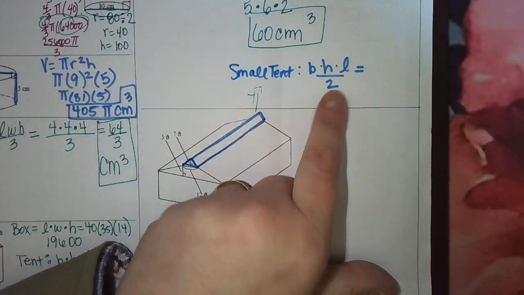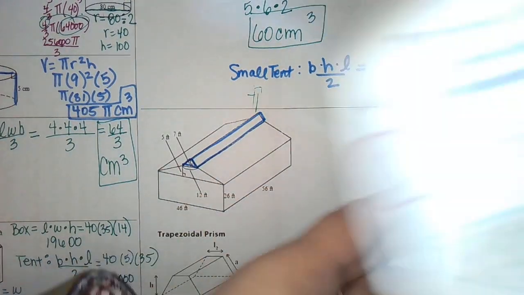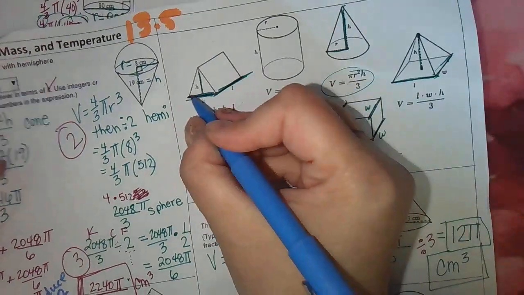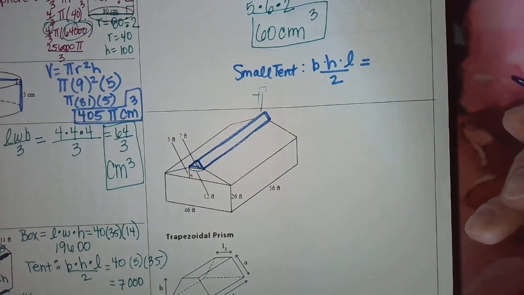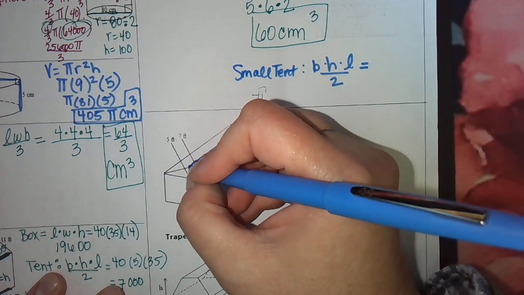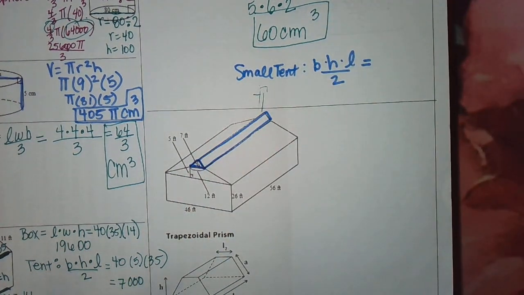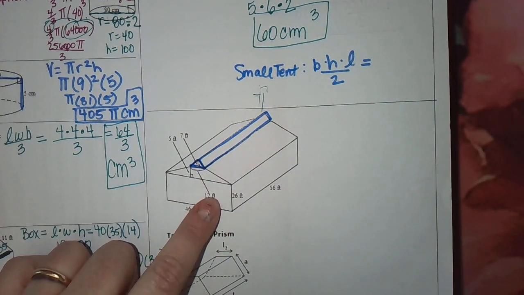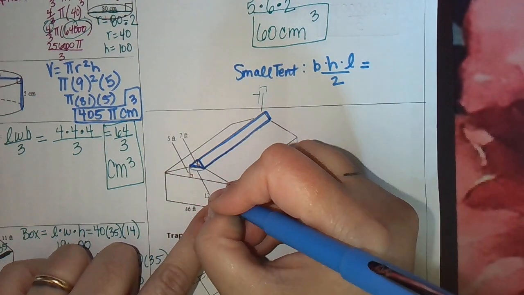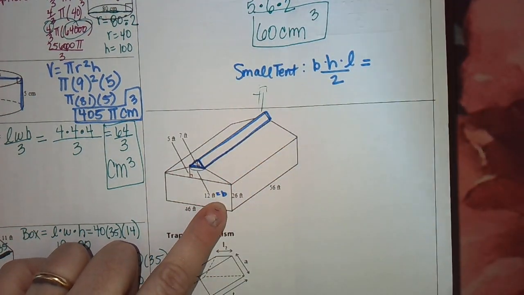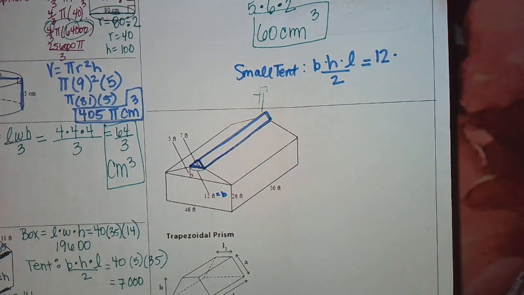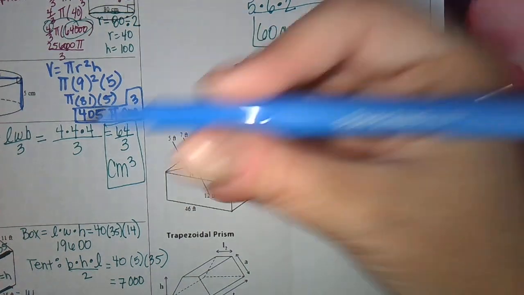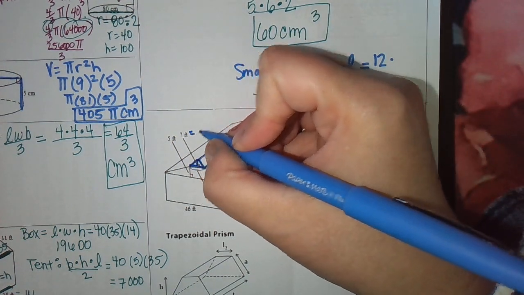Anyway, so our base is across the front of that triangle along the bottom. So our base is, does it even say? I think I can see it. I think it says 12. Okay, so 12 times the height, the up and down of that triangle, which is really tiny, but it says 7.